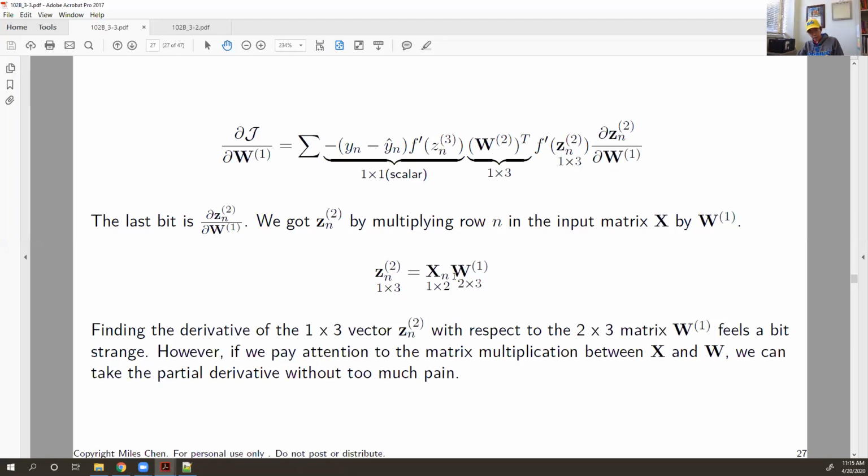But if we look at the multiplication between one row in X, where X is an n by 2 matrix, and we multiply this one row in X by this 2 by 3 matrix to give me a 1 by 3 matrix, and we look at how the elements in Z change with respect to W, I think it will make a little bit of sense.